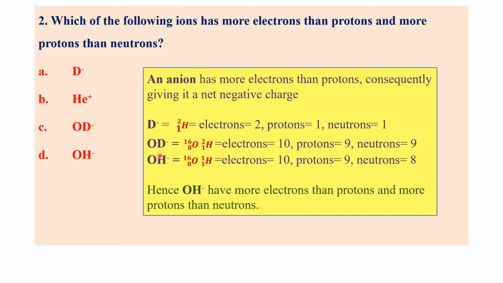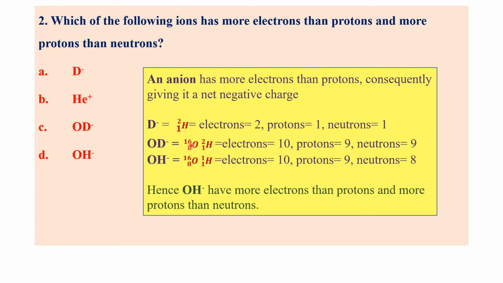OD-, here it is oxygen and deuterium, the isotope of hydrogen. Oxygen has 8 electrons, 8 protons and 8 neutrons. Deuterium has 1 electron, 1 proton and 1 neutron. Since OD- is given, we add an extra electron: 8 plus 1 is 9, plus an extra electron becomes 10 electrons.